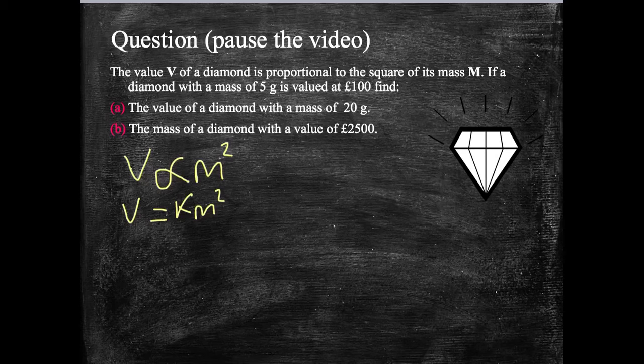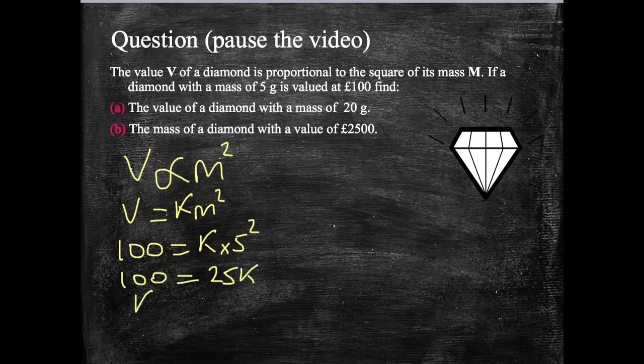If we have a diamond with a mass of 5, it's valued at £100, so 100 equals k times 5 squared. 100 equals 25k. k equals 4. Let's substitute this into our formula. So we've got a new formula, V equals 4m squared. We can use that then to work out the rest of the questions.